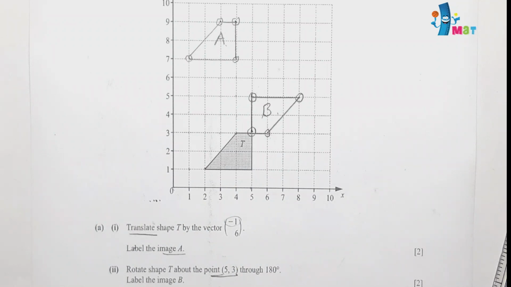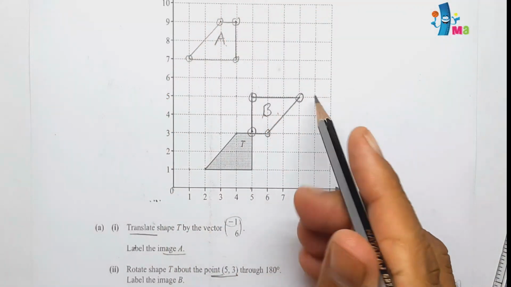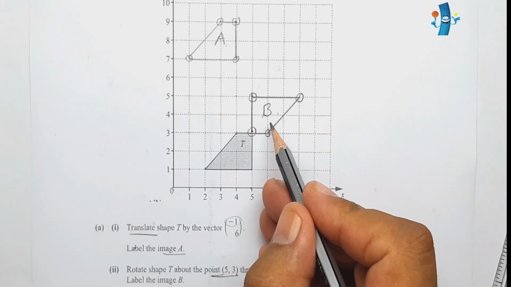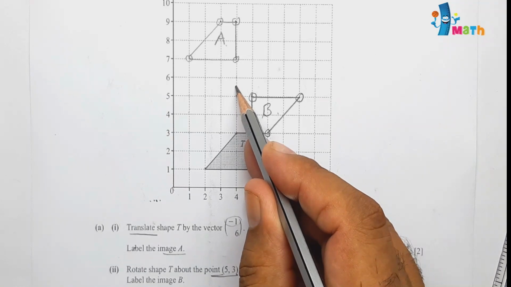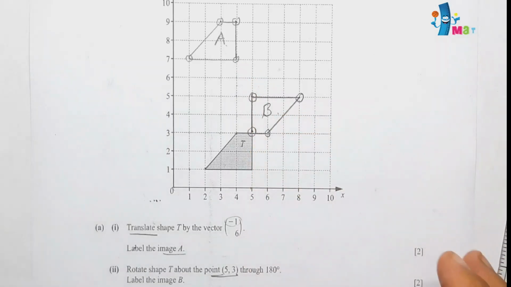If we check, this is rotation. Basically this is rotating through 180 degrees, and center will be, if you check, the middle of this one.